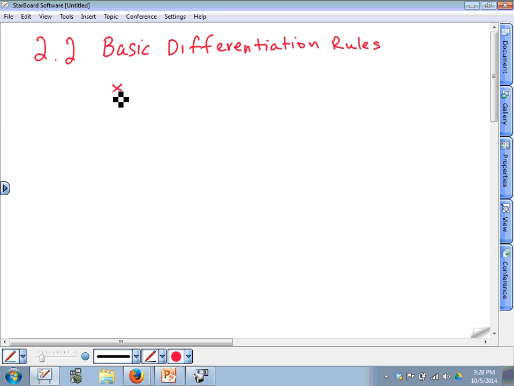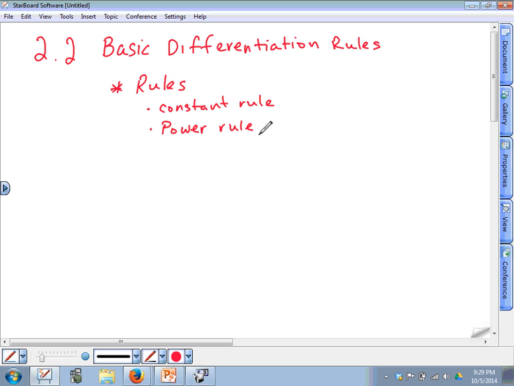So anyway, objectives. First of all, we'll talk about the rules, the basic differentiation rules. Some of those are the constant rule. We have the power rule.